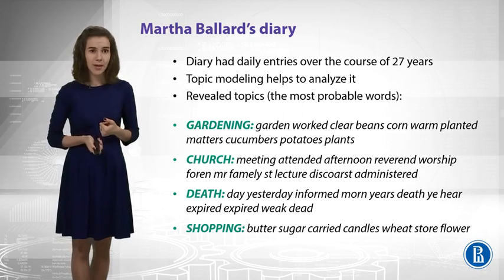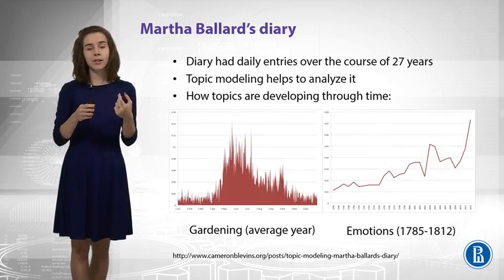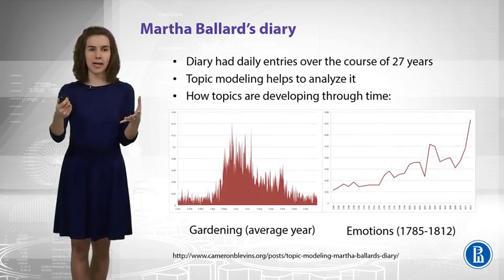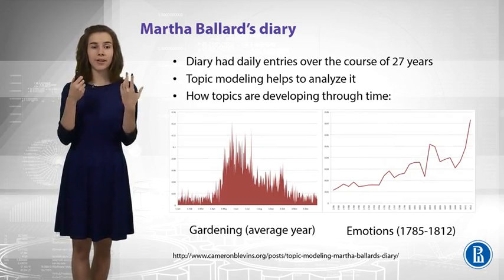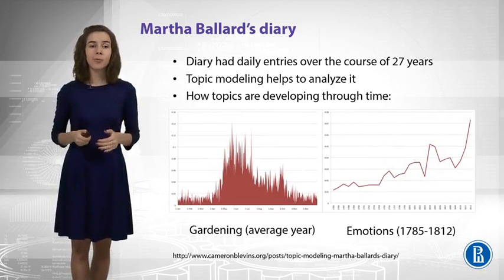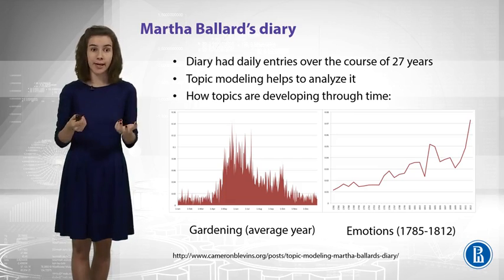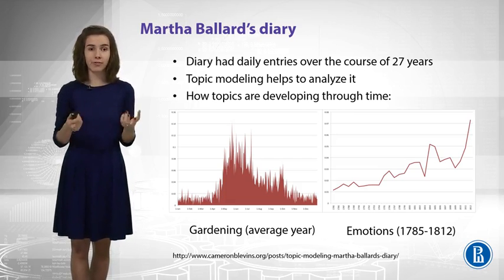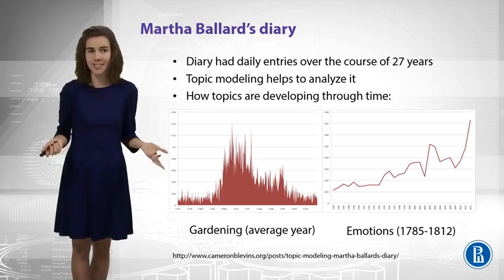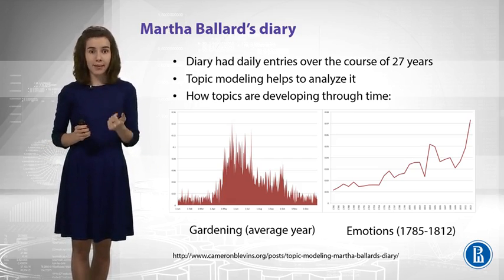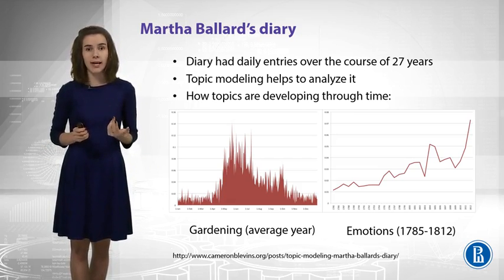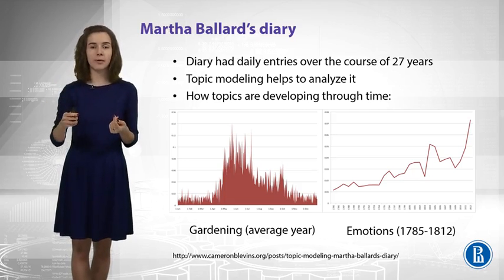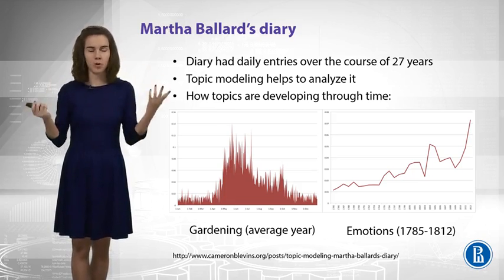And that's nice. What's nicer, you can look into how these topics change over time. So, for example, the gardening topic is very popular during summer in her diary and is not very popular during winter. And it makes perfect sense, right? Another topic, which is about emotions, has some high probabilities during those periods of her life when she has some emotional events.